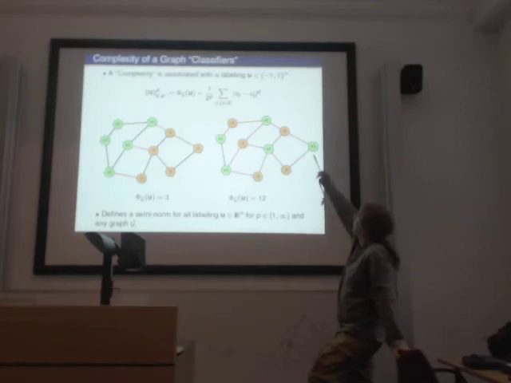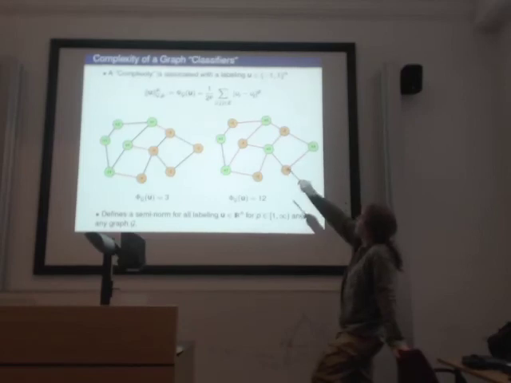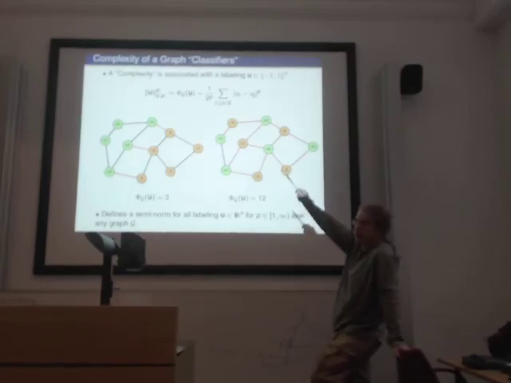What I've done here is I've written this norm as a function of p. So we get a different norm for every value of p and a different norm for every graph.